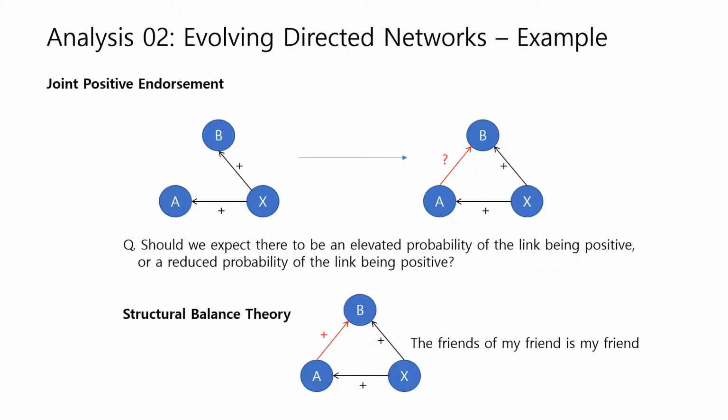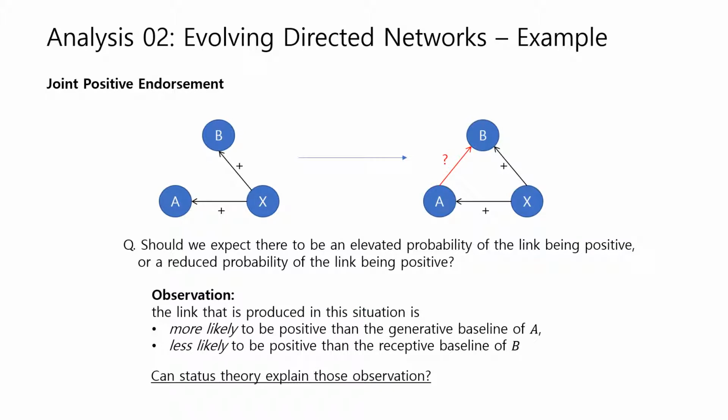Structural balance theory naively expects the edge to be positive since the friend of my friend is my friend. However, empirical observations are not that naive. In real datasets, the link that is produced in this situation is more likely to be positive than the generative baseline of A, but at the same time less likely to be positive than the receptive baseline of B.